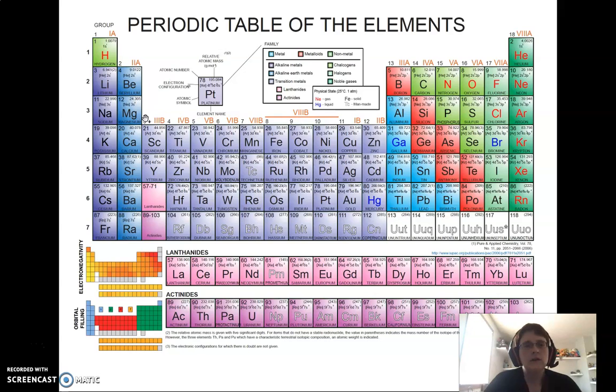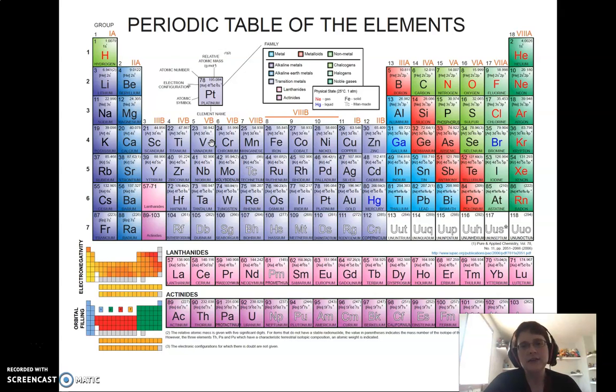So take a look, find V on the periodic table. And see, I don't even remember what all of the elements are. There it is, vanadium. I knew it started with a V. So go ahead and find out how many neutrons there are in vanadium.